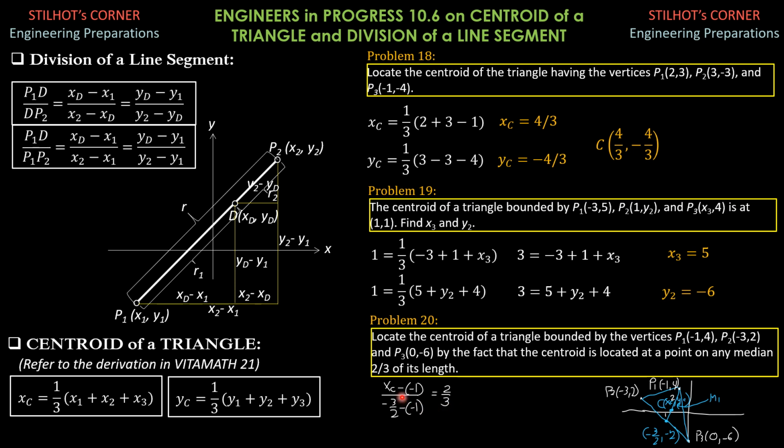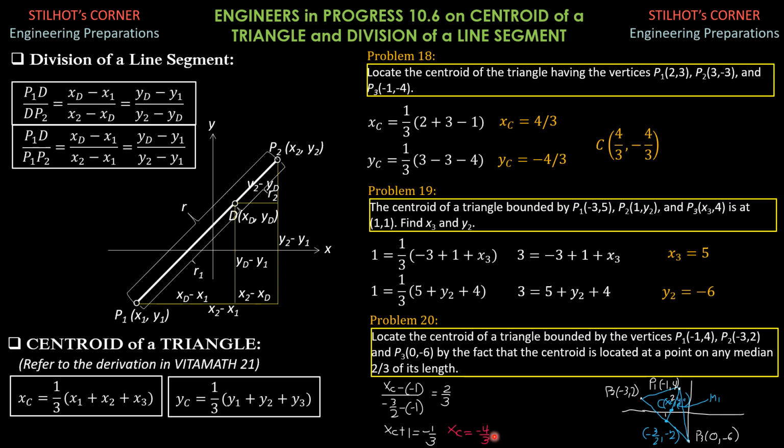So this is x sub c plus 1 over negative 1/2 equals 2/3. So x sub c plus 1 is negative 1/2 times 2/3, which is negative 1/3. Therefore x sub c is negative 1/3 minus 1, so negative 4/3.